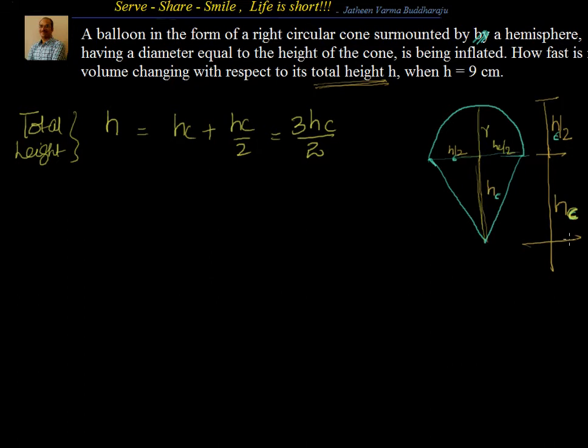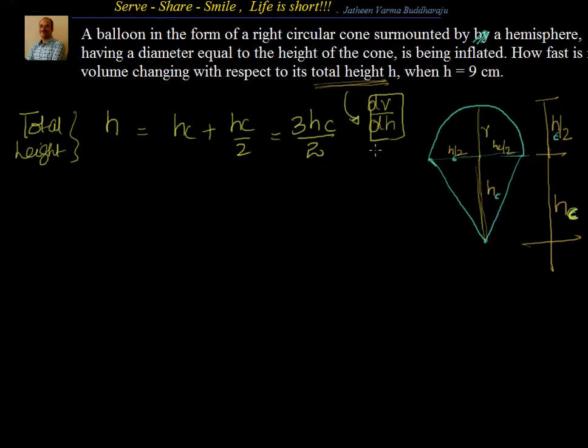Now we have to find out how fast is the volume changing. We have to find out dV by dH, how fast the volume is changing with respect to its total height. Total height means height of the cone plus height of the hemisphere, nothing but equal to 3 into hc by 2. So we know h equal to 3 into hc by 2.